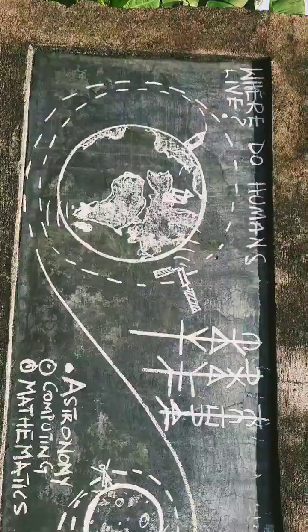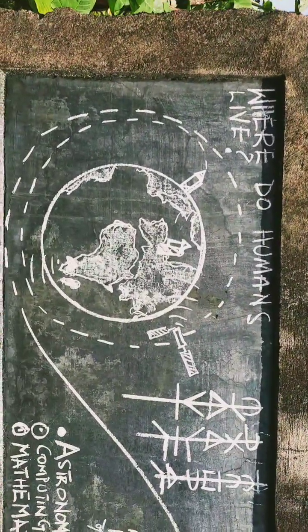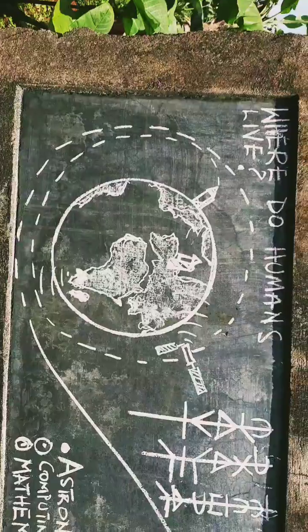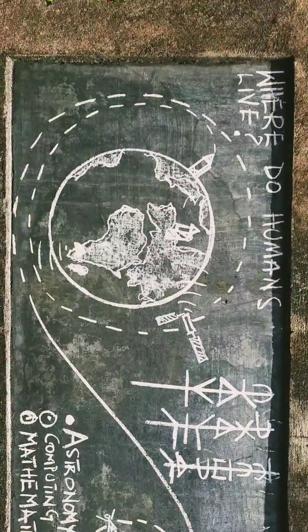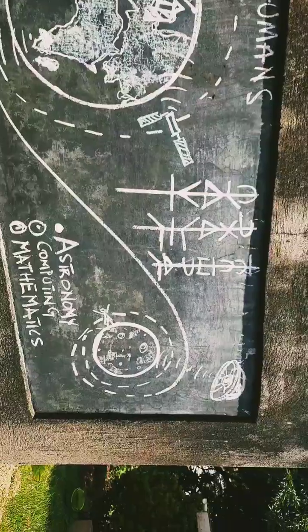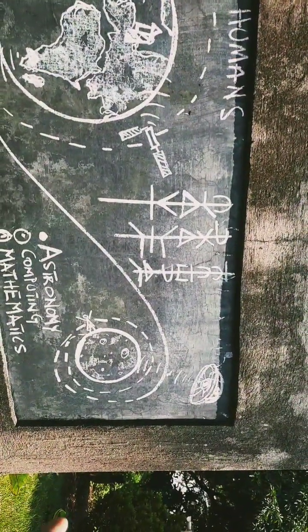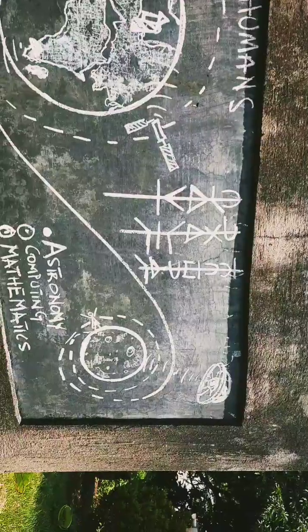So the question we have there to guide our exploration is, where do humans live? On the left we have a depiction of the planet Earth, and on the right another celestial body, which most likely is the moon.